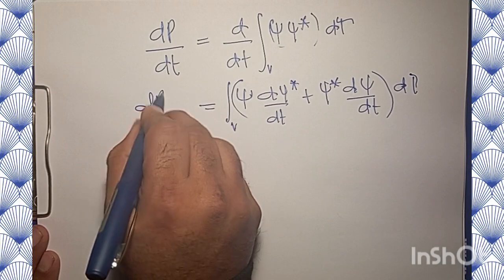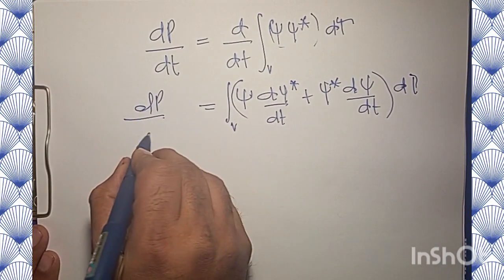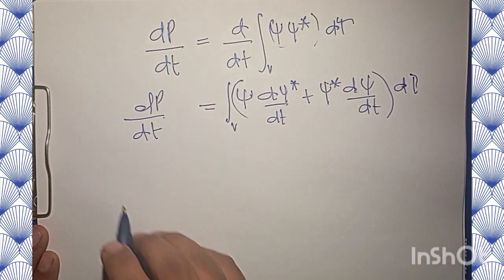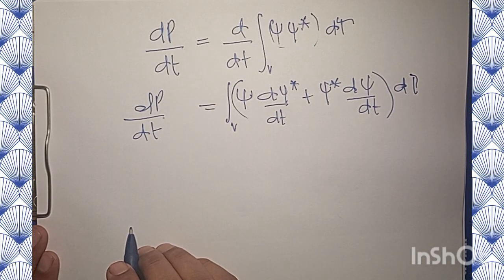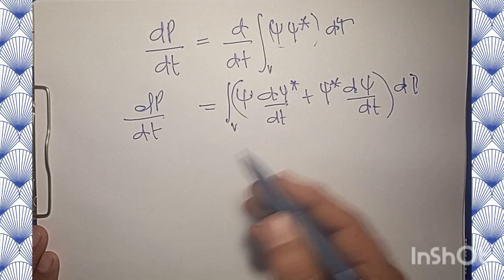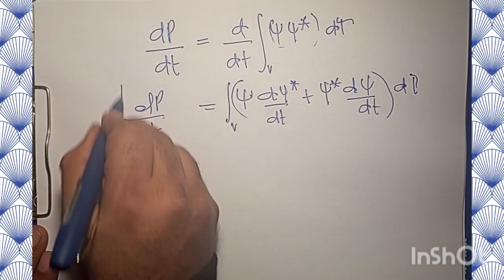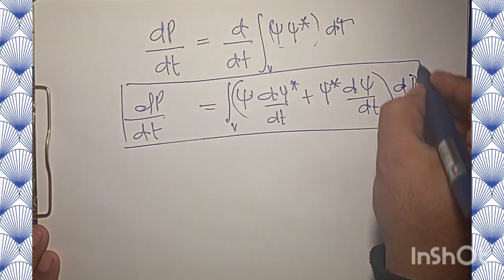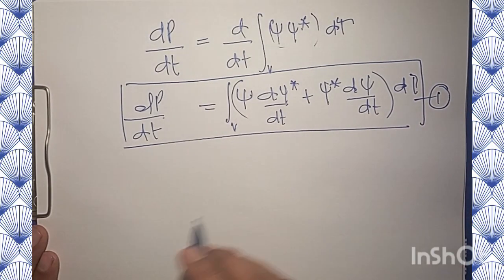So on the left hand side, I have the rate of change of these probabilities that I'm trying to imagine. Let me call this equation 1 for the time being.